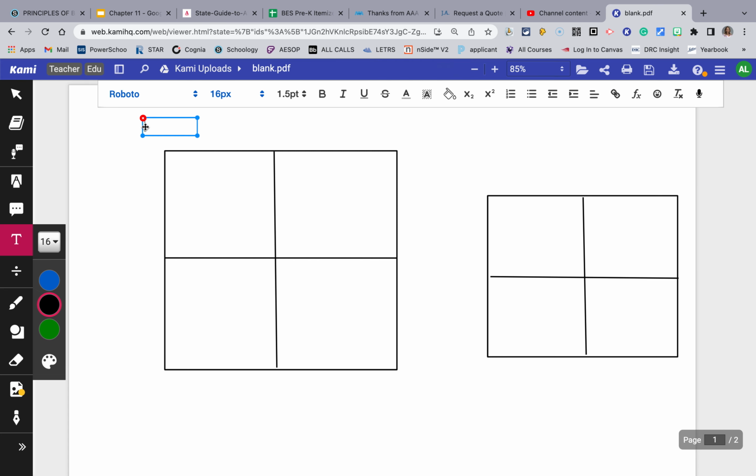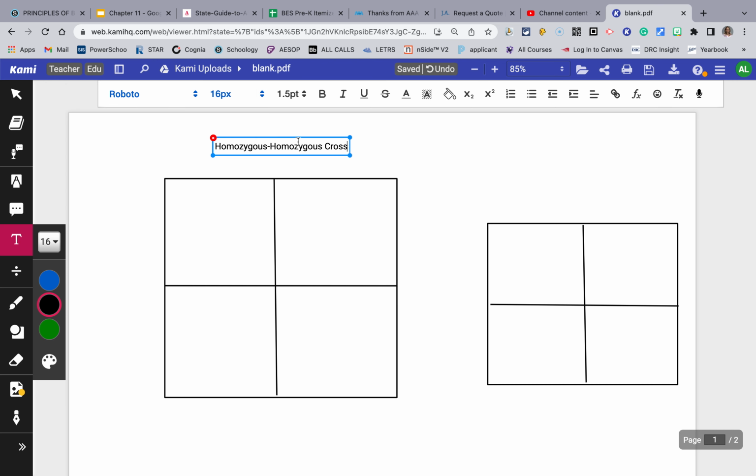So remember, homozygous means the same. So we're going to do a homozygous cross first. And you need to draw a little bitty box. Draw some Punnett squares. You should have done this in, I think, 7th grade.